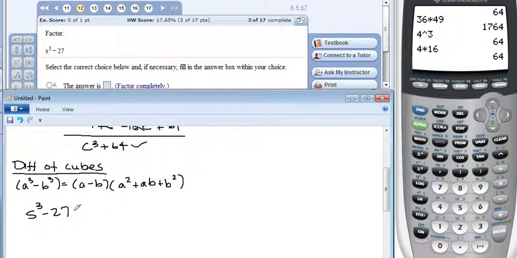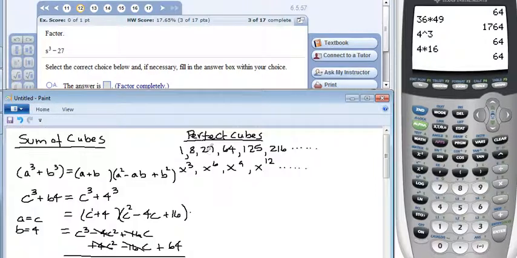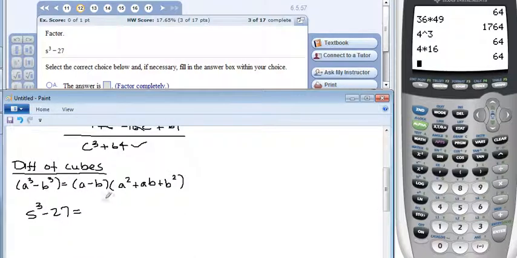All right, I'm going to rewrite that. Is 27 on my list? Better be. 3 times 3 times 3. I'm going to rewrite that as s cubed, I hate those s's, minus 3 cubed. They look like 5s. Therefore, my a is s. My b is 3.